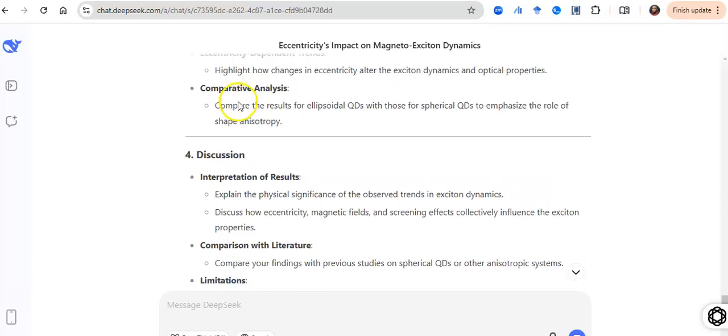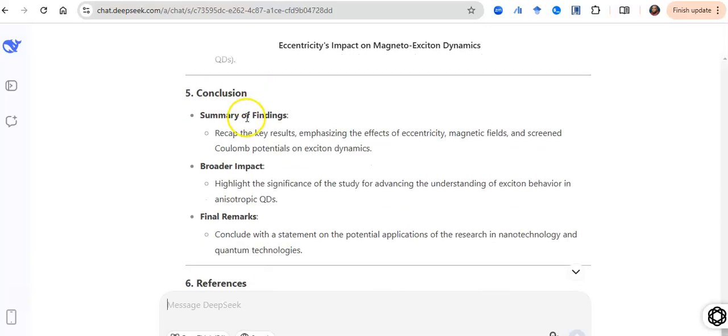And of course, the discussion, the interpretation of results, and I have a beautiful outline.